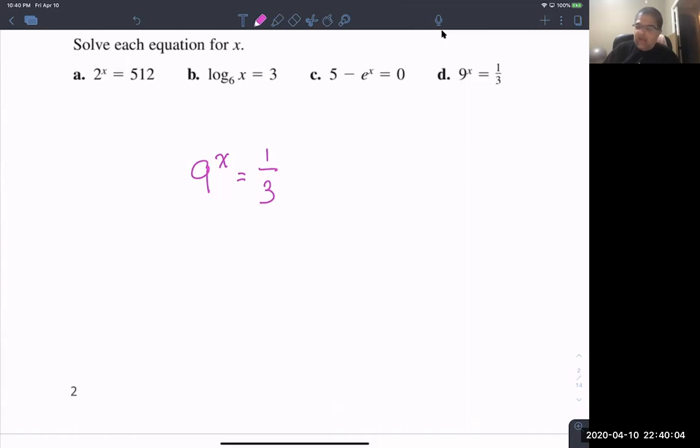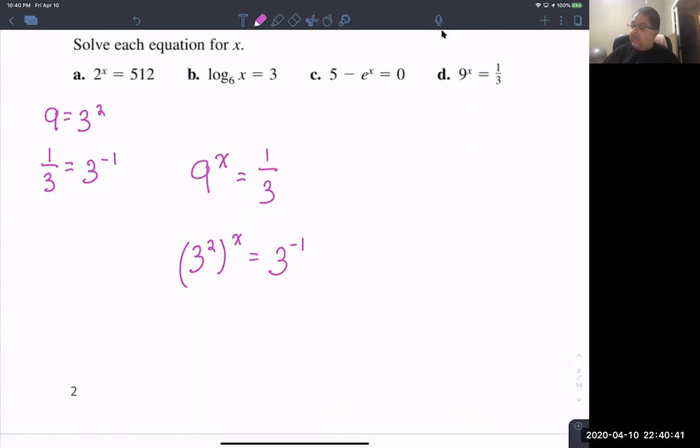I can look at both of these things and say, okay, well, both of these can be rewritten using base 3. 9 is 3 squared. 1/3 is 3 to the negative 1. Okay, don't forget about my fractions with negative exponents. So 9 can be rewritten as 3 squared to the x, and 1/3 is 3 to the negative 1.